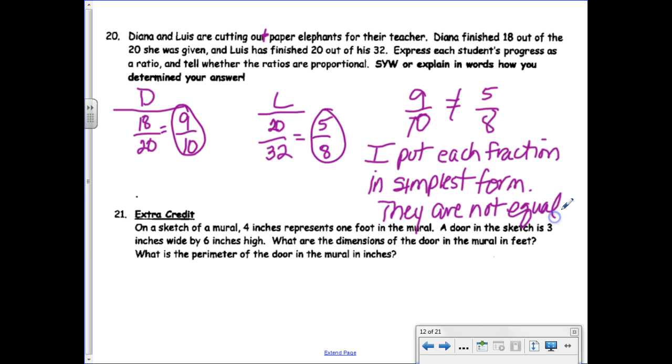Therefore, I know that they won't be proportional. So I suppose instead of they are not equal, I could also say they are not proportional. Okay, now I've answered the question.